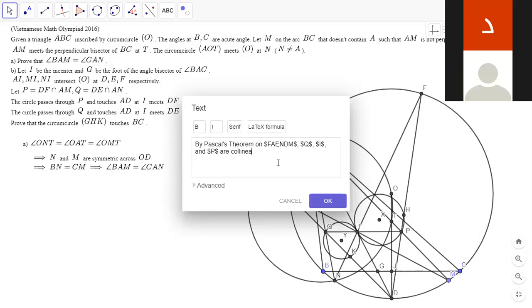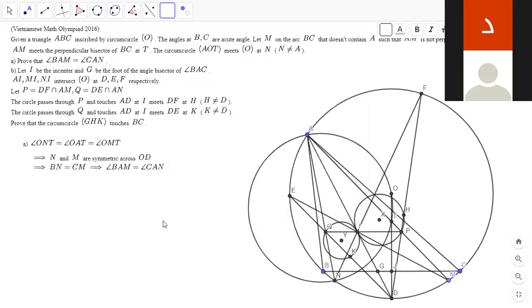And then after that, there are two ways to proceed here. First I'm going to show the angle chase.